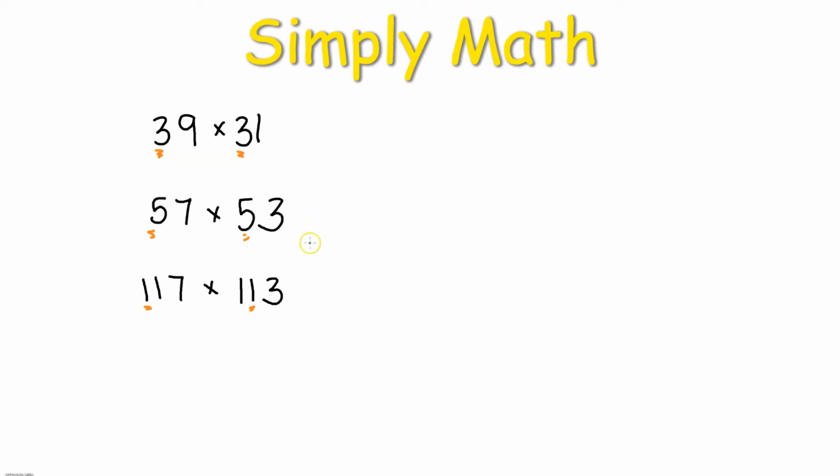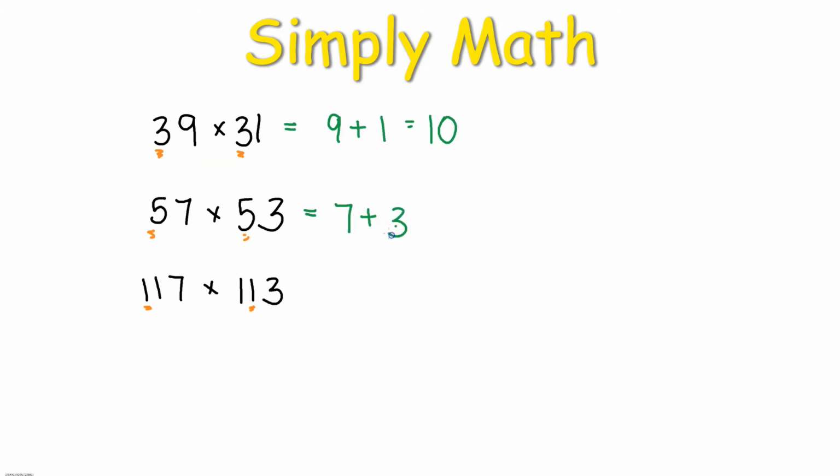And the second condition is that if you look at the ones digit, in the first question, it's 9 and 1. So if I add 9 plus 1, I get 10. Then if I look at the second problem and look at the ones digit, here it's 7 and 3.